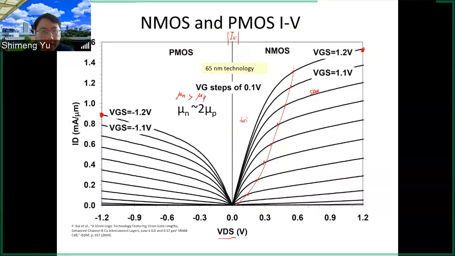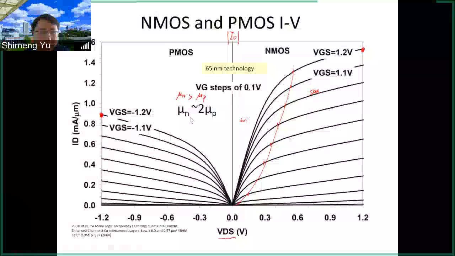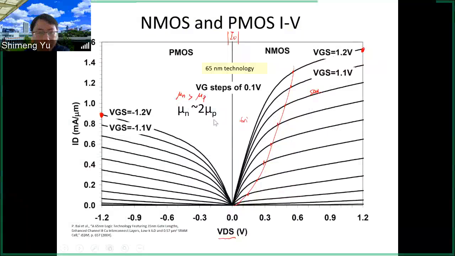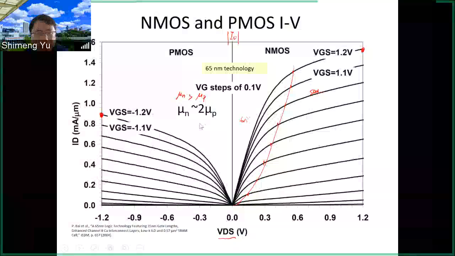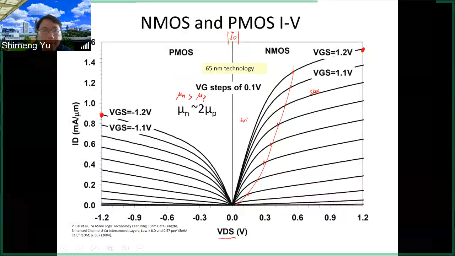So the mobility of electrons mu n is larger than the mobility of holes mu p, and roughly is about 2 times. So mu n is roughly 2 times mu p. This is generally true in many technology nodes. And this will impact how we design the circuit later. And we'll go back to this point when we discuss the CMOS inverter later.